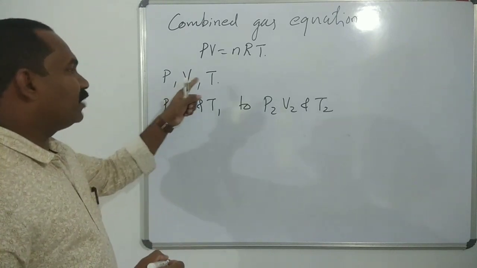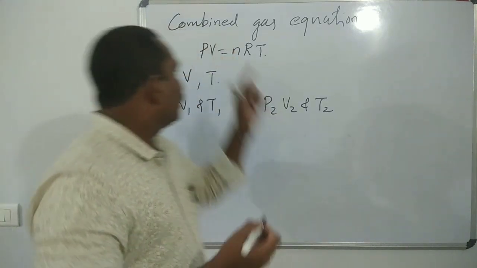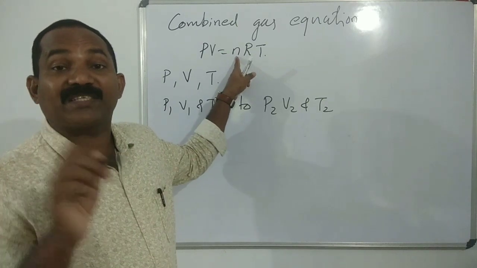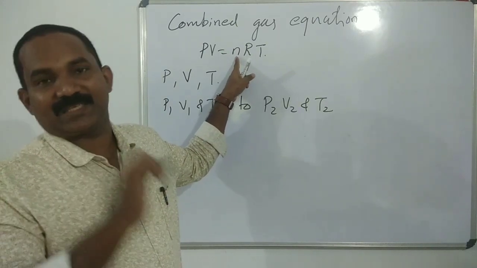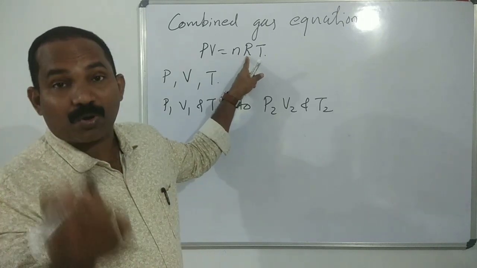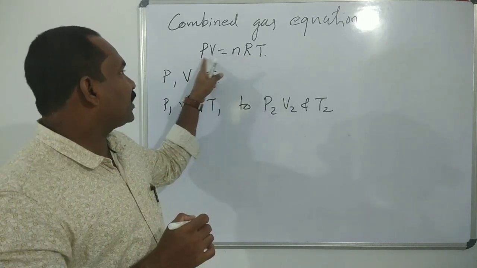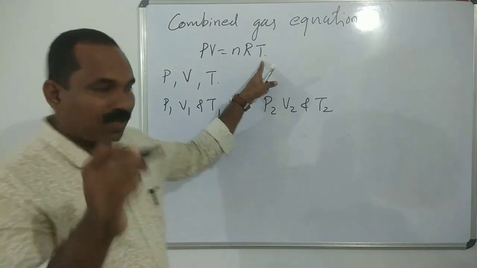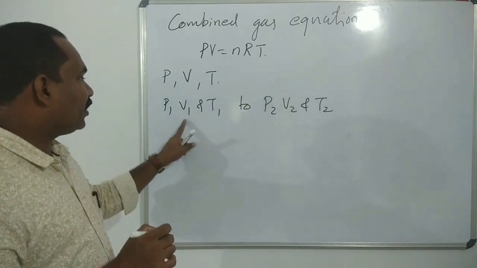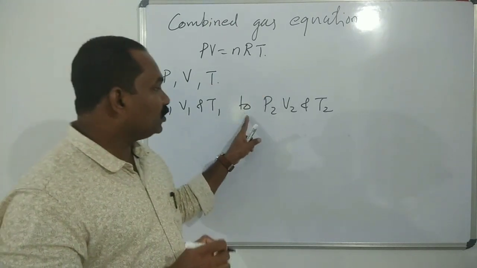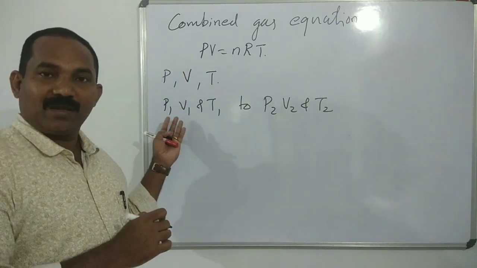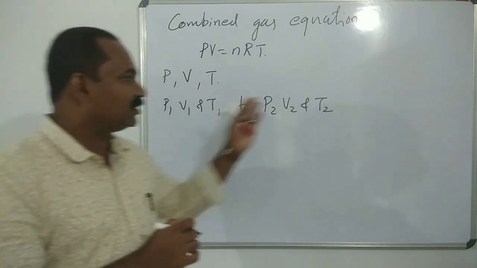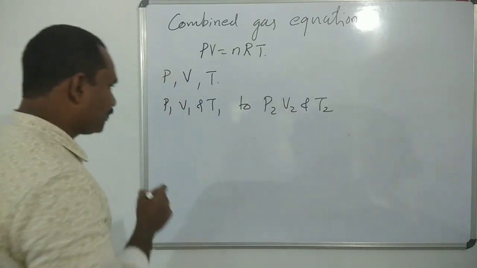The number of moles is fixed, R is also constant. So the variables are pressure, volume and temperature. P1, V1, T1 is the initial condition, and P2, V2, T2 is the final condition.